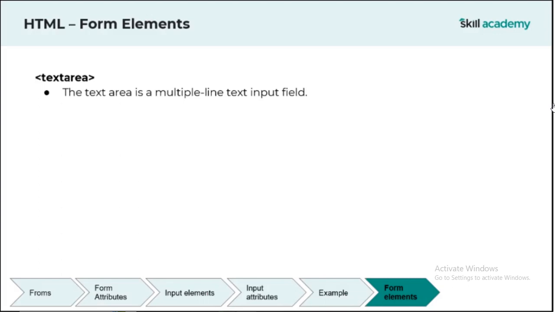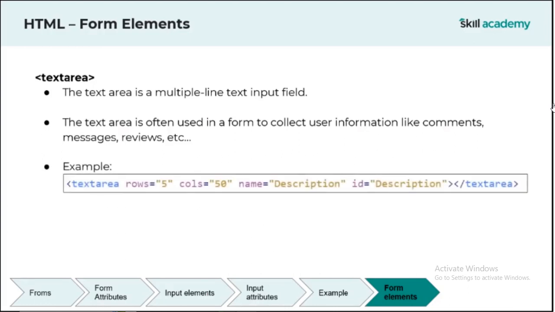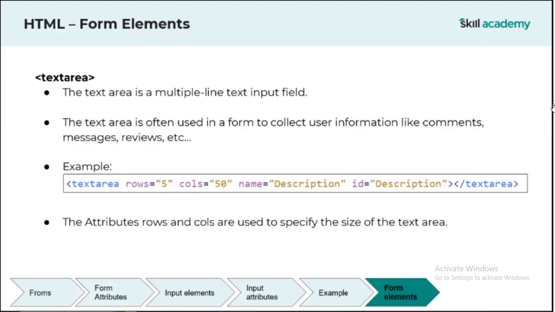The text area is a multiple line text input field. The text area is often used in a form to collect user information like comments, messages, reviews, address, etc. Example, if you write this piece of code, text area, rows is equal to 5, columns is equal to 50, name is equal to description, then you will have a large area where user can insert an information or a description very easily.